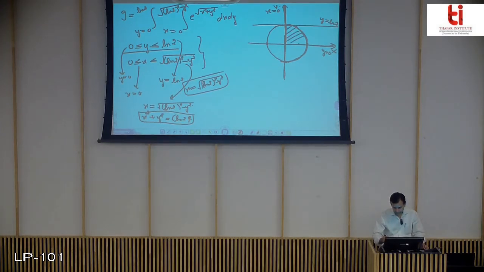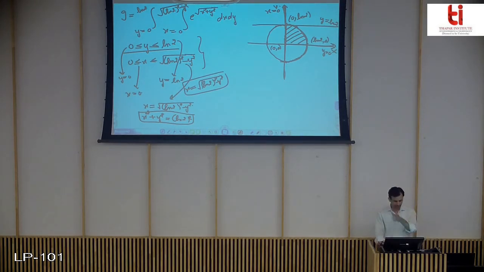This is the region of integration that lies between y equals 0 and ln2, and x equals 0 and below the curve. So this is done. Let us label the bounding curves also. This is (0, ln2), this is (0, 0), this is (ln2, 0), since the circle has radius ln2.